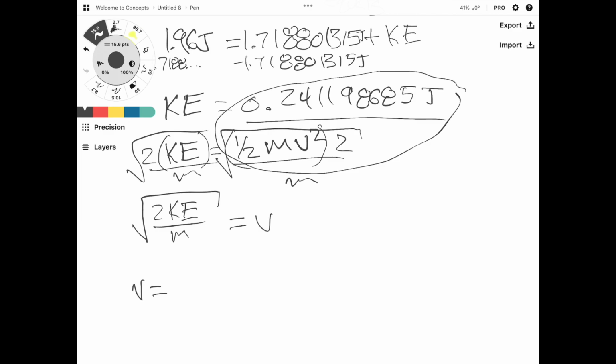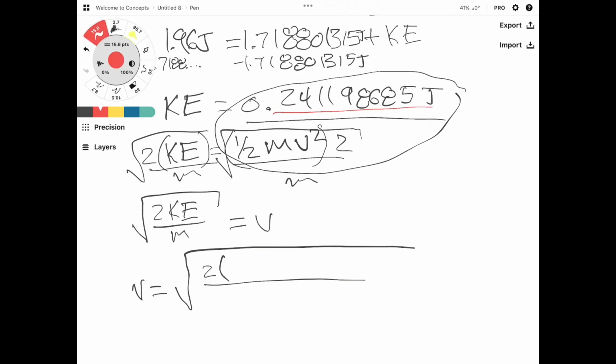Now, I know that my kinetic energy is 0.241198685 joules, and I know that my mass is 0.210 kilograms.